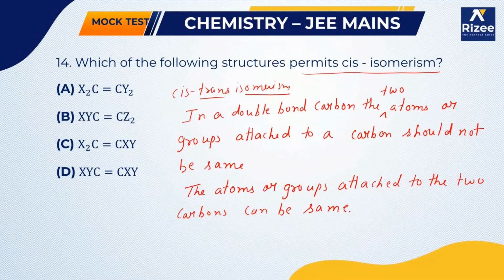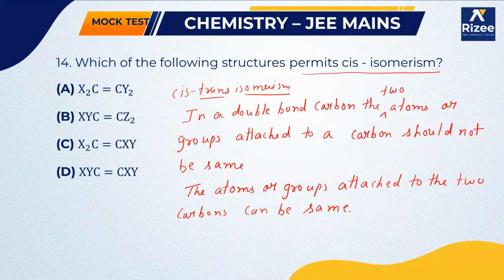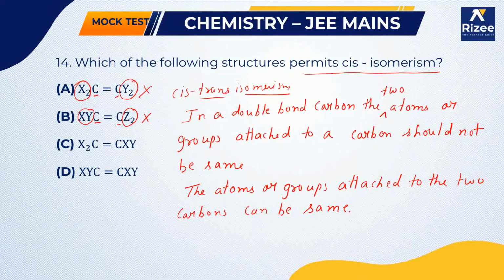Now for cis trans isomerism, in the options you can see, for this carbon these two groups are same, for this carbon these two groups are same, so it will not show cis trans isomerism. Next, for this carbon these two are different, but for this carbon these two are same, so this will also not show cis trans isomerism. Next, third option, for this carbon these two groups are same, and for this carbon these two groups are different, but since these two groups are same, it will also not show cis trans isomerism.